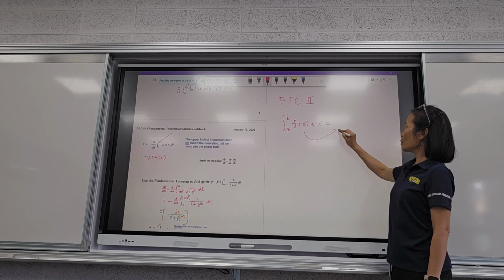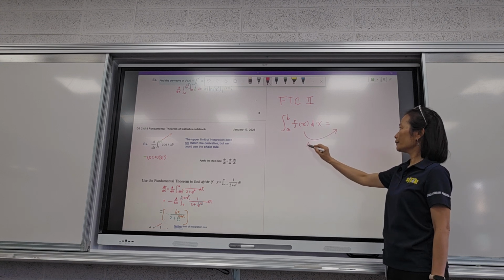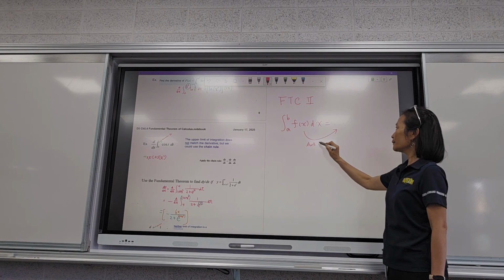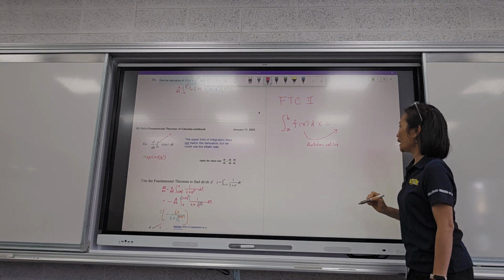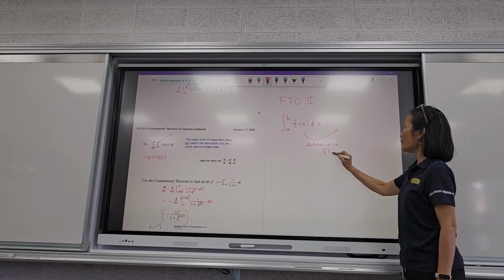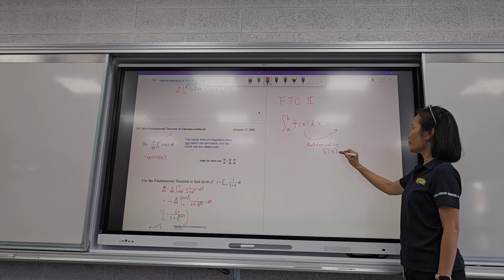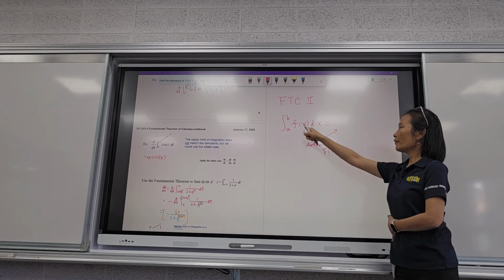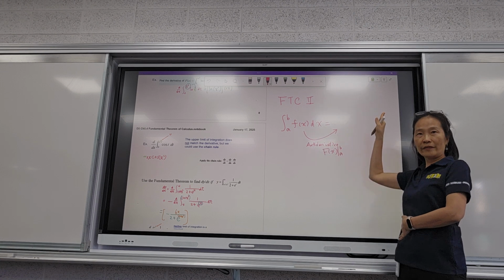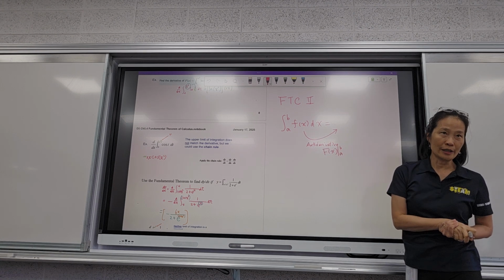So we can find the antiderivative of that f of x, which is capital F of x, then substitute a and b, and then subtract. If this is a velocity, the antiderivative of that will be the position function.